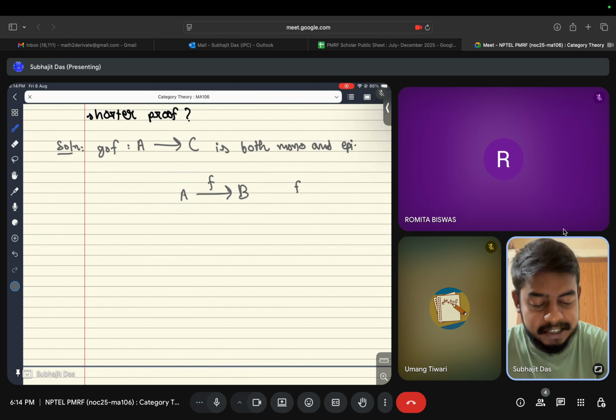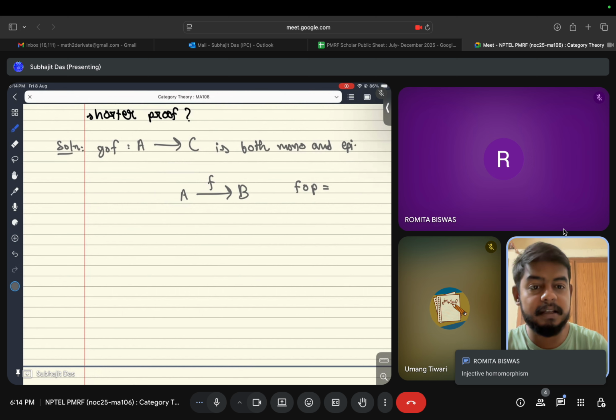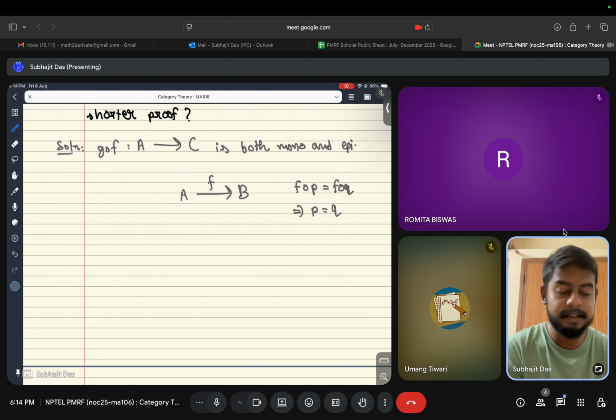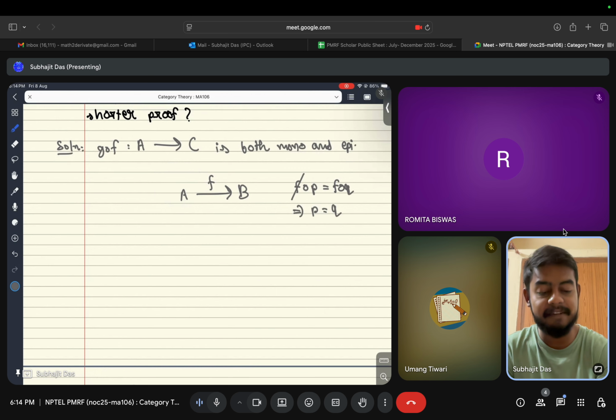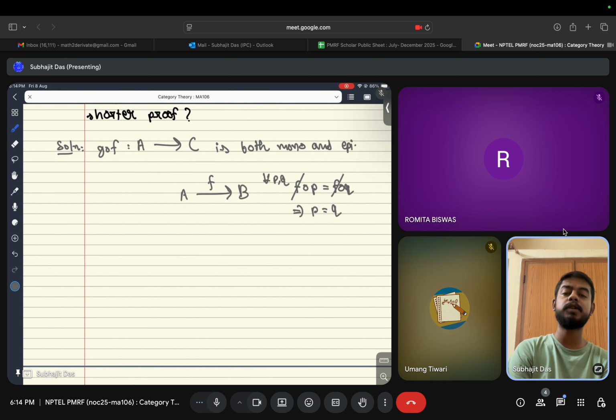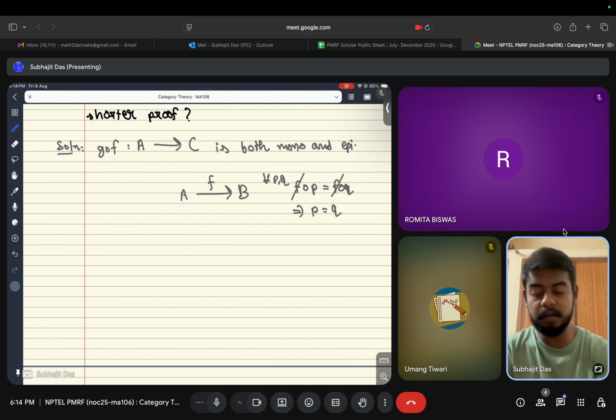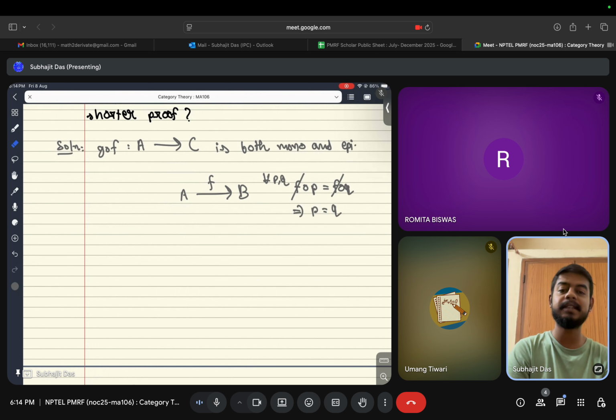In other words, whenever F composed P is F composed Q, this will imply that P is equal to Q. So whenever this happens for all P, Q such that F composed P and F composed Q exist and F composed P is equal to F composed Q, then P must be equal to Q. If this happens, then the morphism F is called a monomorphism.